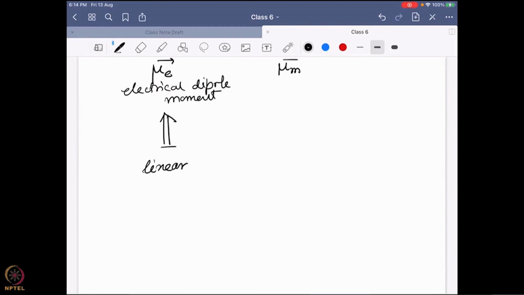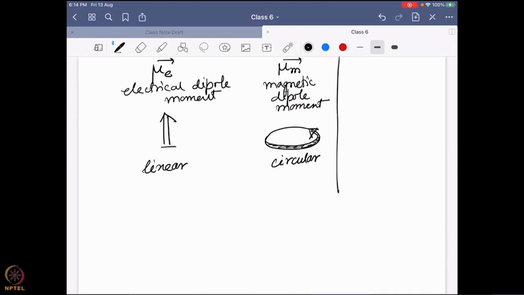And if it is a magnetic dipole moment, it is going to be a circular way. I'm drawing it in such a way that the circular motion is actually happening perpendicular to the board I have drawn.